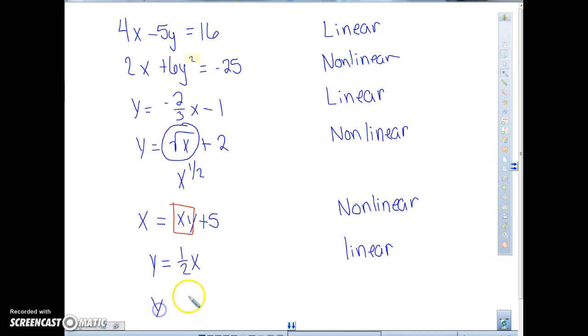And the last one, y equals 1 over x. This is nonlinear. And it's nonlinear because of the x on the denominator. So these are all linear equations. All of those follow into the linear equations.